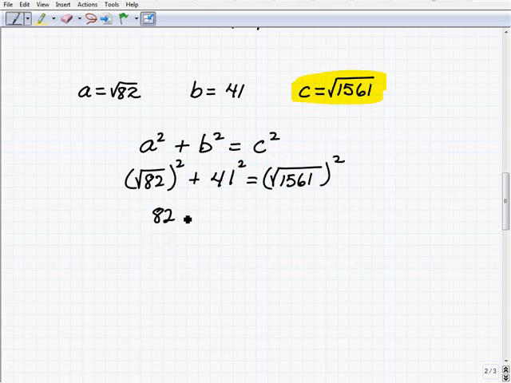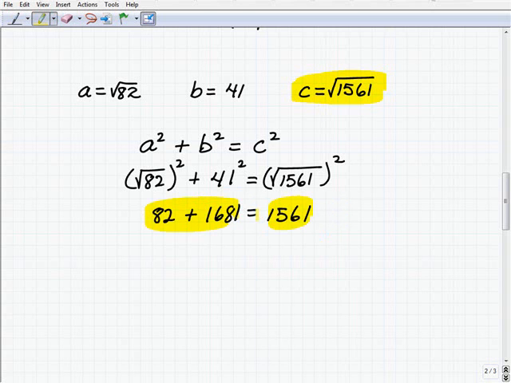Okay, so 82 plus 41 squared is 1681, and is that equal to 1561? Well, clearly it's not, because when you add these two up, it's going to be much longer than this side here.